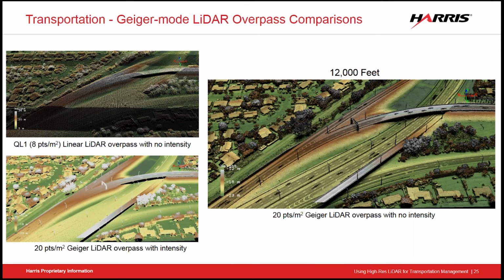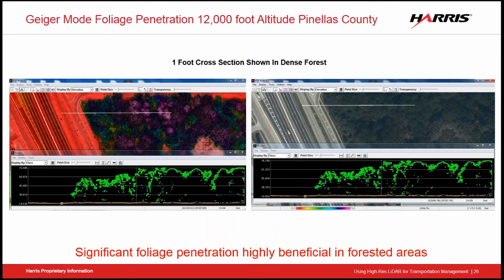This is another example where we did down in Pinellas, again, from a cross-section perspective, gives you the opportunity to get a high foliage penetration, which is beneficial for forested areas. And this is very important when you're planning a highway or a road, when you need to do the environmental aspect, you need a very high resolution DEM to do that planning for a variety of different reasons.